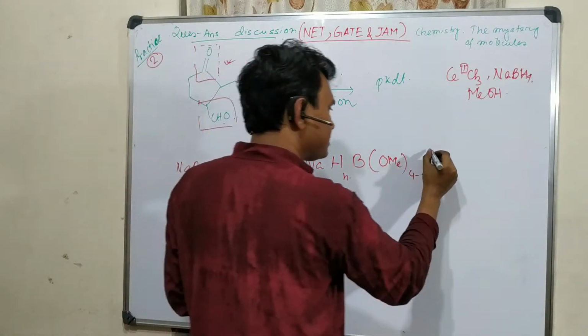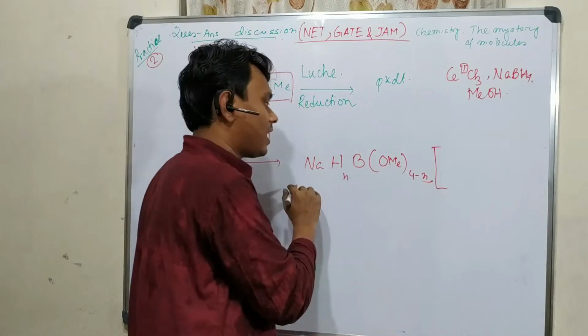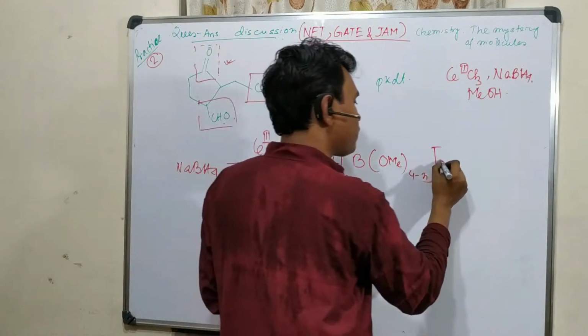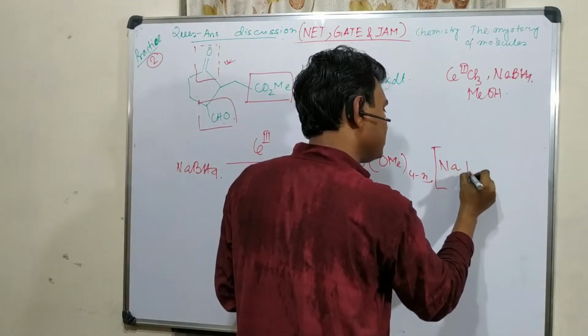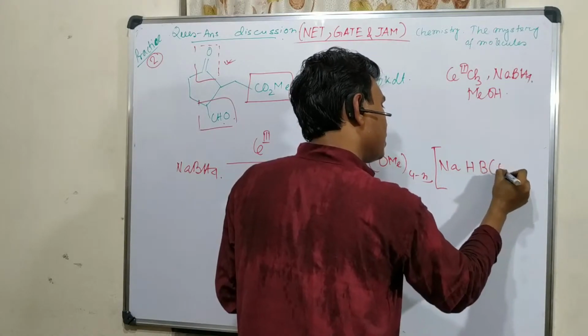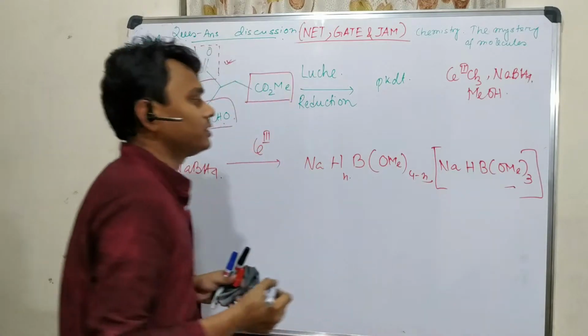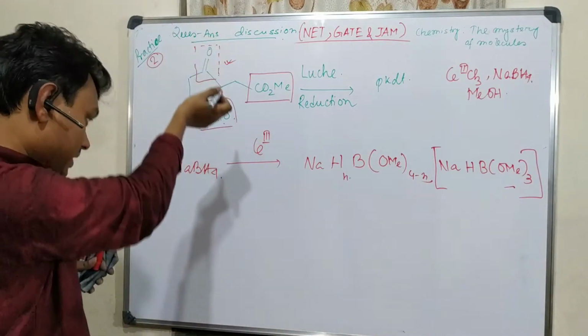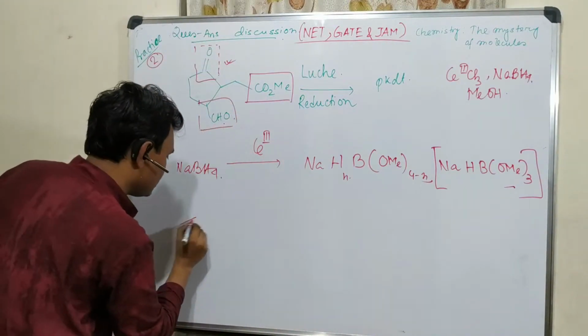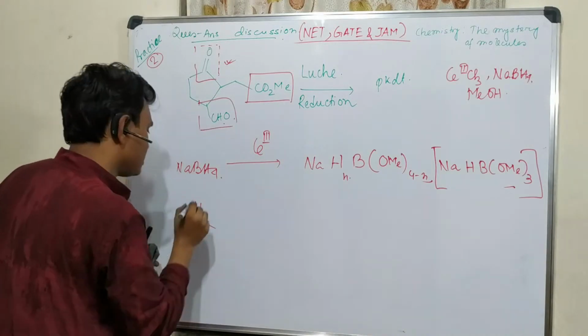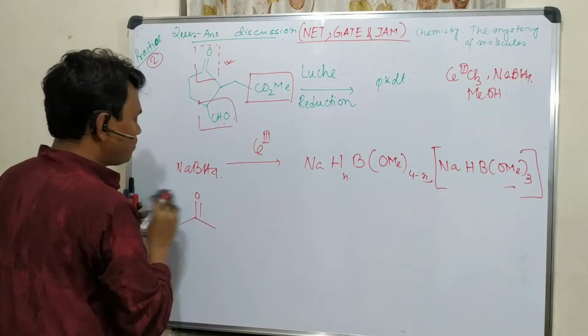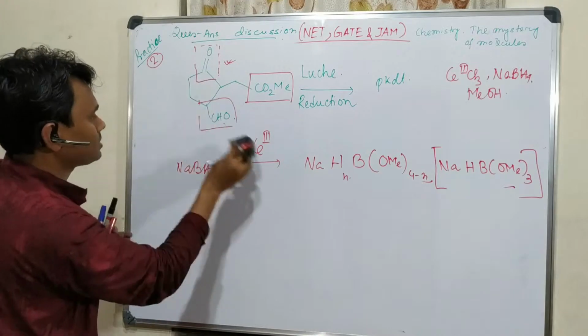In a problem you may not find this general form; you may find sodium HB(OMe)3, which is the actual reagent for reduction. If we check the carbonyl compound, what happens? The carbonyl group does not bind selectively with cerium.